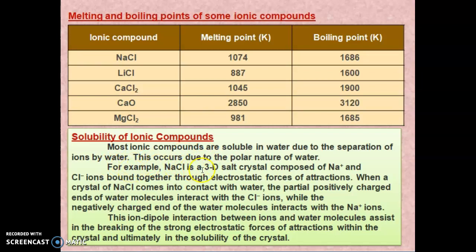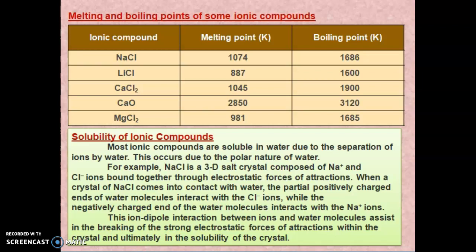For example, NaCl is a 3D salt crystal compound of Na+ and Cl- ions bound together through the electrostatic force of attraction. When crystals of sodium chloride come in contact with water, the partially positive end of water molecules interacts with the Cl- ion, while the negative end of water molecules interacts with the Na+ ion. This ion-dipole interaction between ions and water molecules assists in breaking the strong electrostatic force of attraction within the crystal and ultimately in the solubility of the crystal.